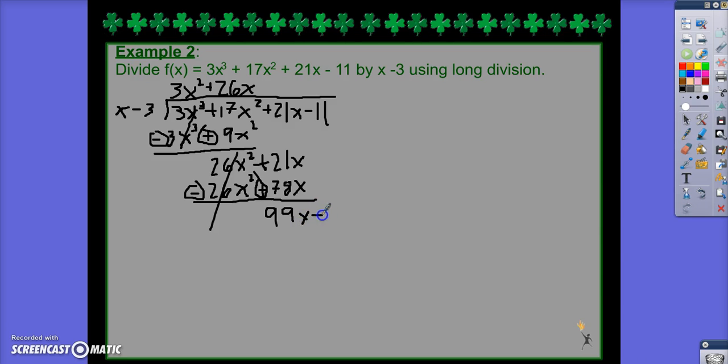And then I bring down the minus 11. Keep bringing one term down at a time. So I've got to do it again. What times x gives me 99x? Positive 99. 99 times x is 99x. 99 times negative 3 is negative 297.